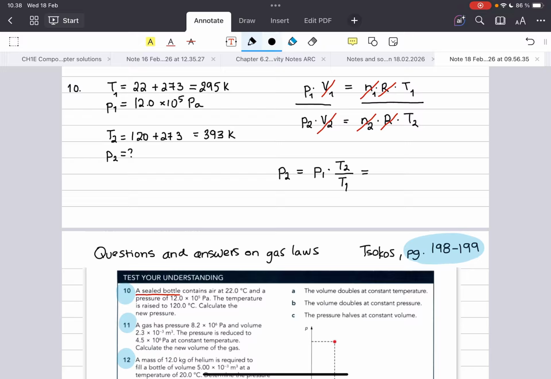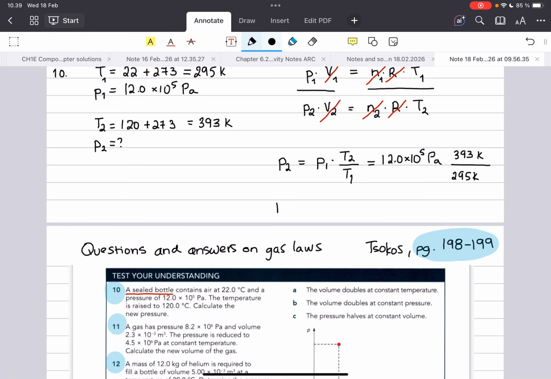And using the numbers that we're given, P1 is 12 times 10 to the 5 pascals, and you multiply this by the ratio of the temperatures, 393 Kelvin and 295 Kelvin.